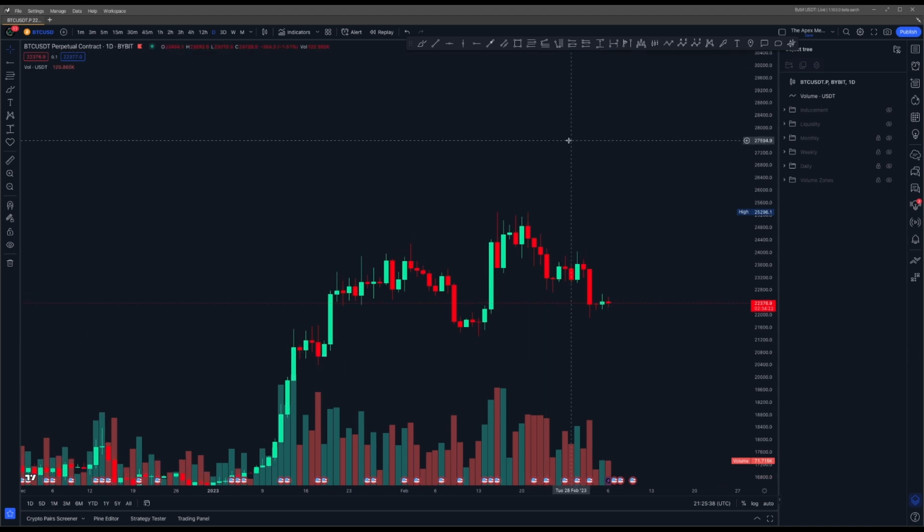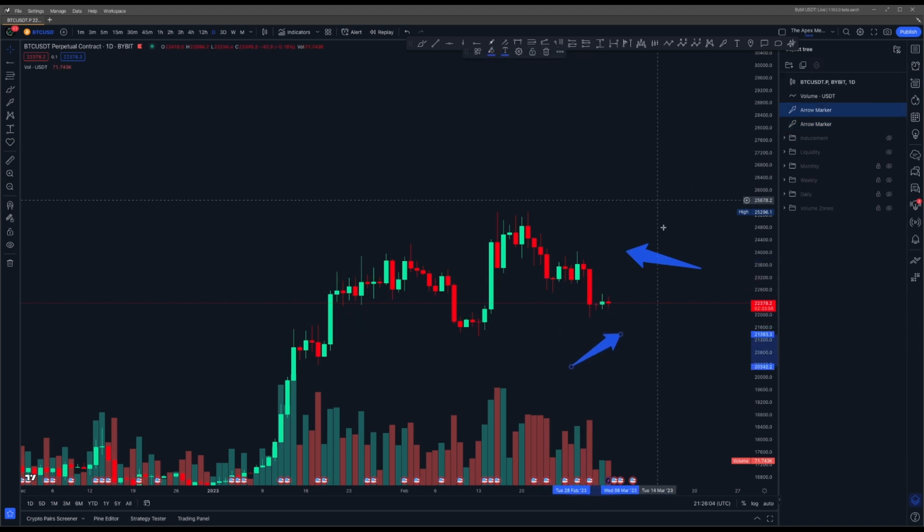Because a fair value gap, what is a fair value gap? Well, you see this wick here? And you see this wick here? Well, there's a gap in this candle. I'm going to draw it so you can see it really clearly.